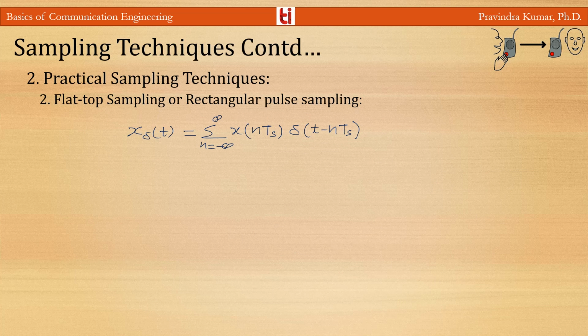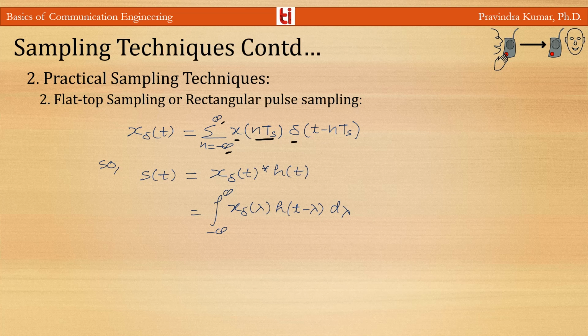So we know the ideally sampled signal x_delta(t) is the summation from minus infinity to infinity of x(nTs) delta(t minus nTs).